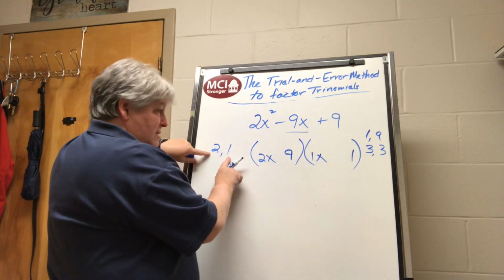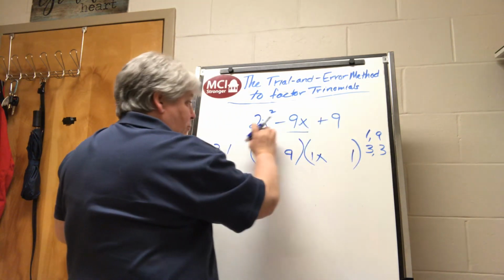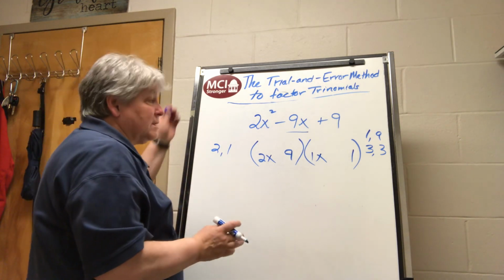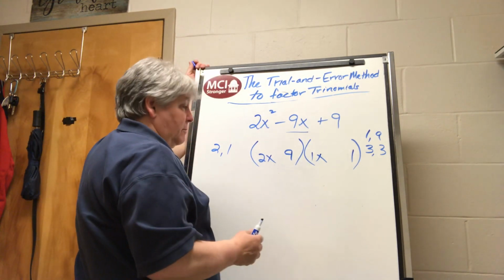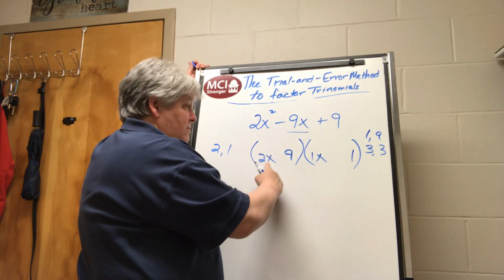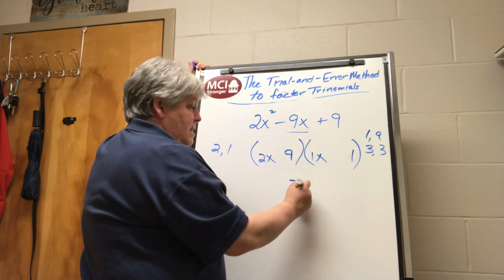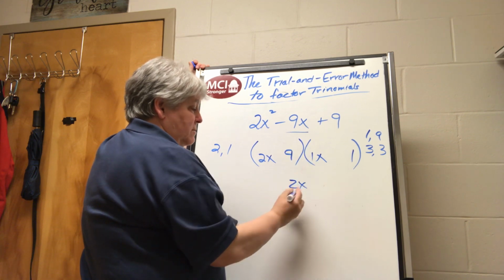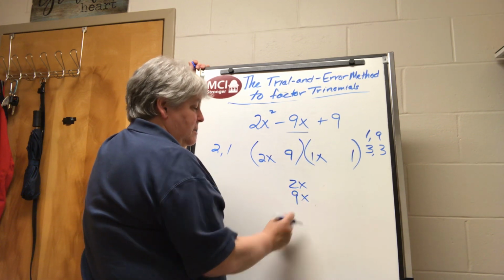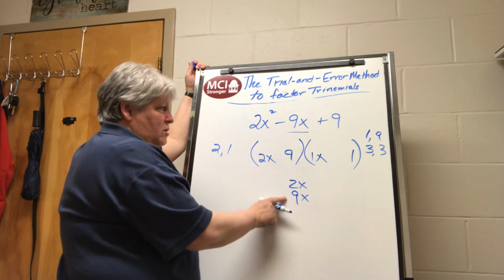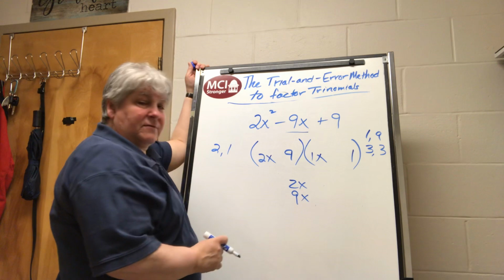Again, I'm restricting myself to the numbers that I know give me the proper first and last terms. So I'm just really checking the middle term every time. 2x times 1x is 2x, and 1x times 9 is 9x. If I have my way about the signs, can I ever add or subtract these to get a negative 9x?